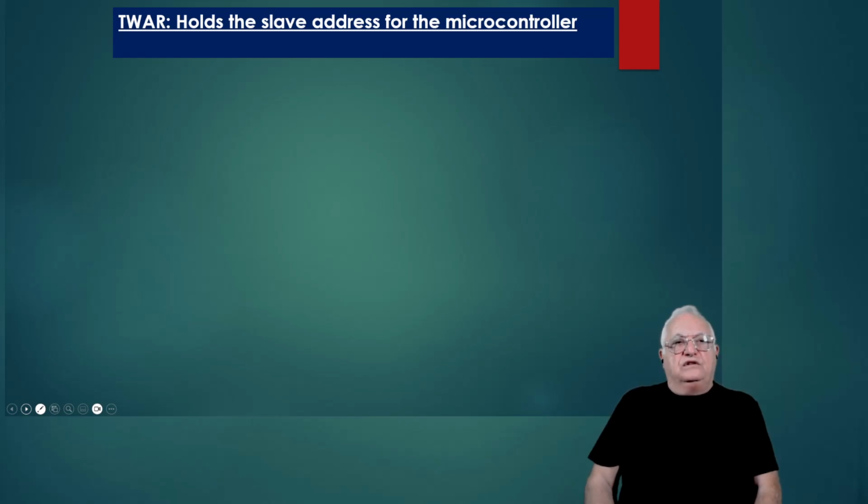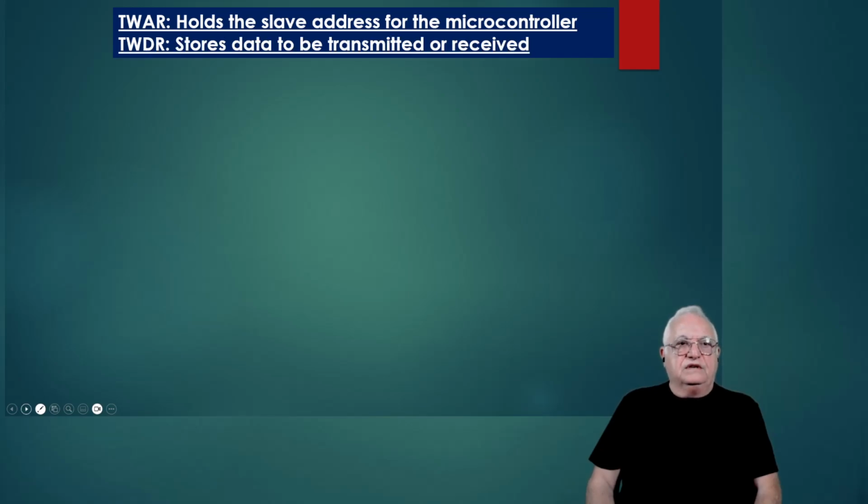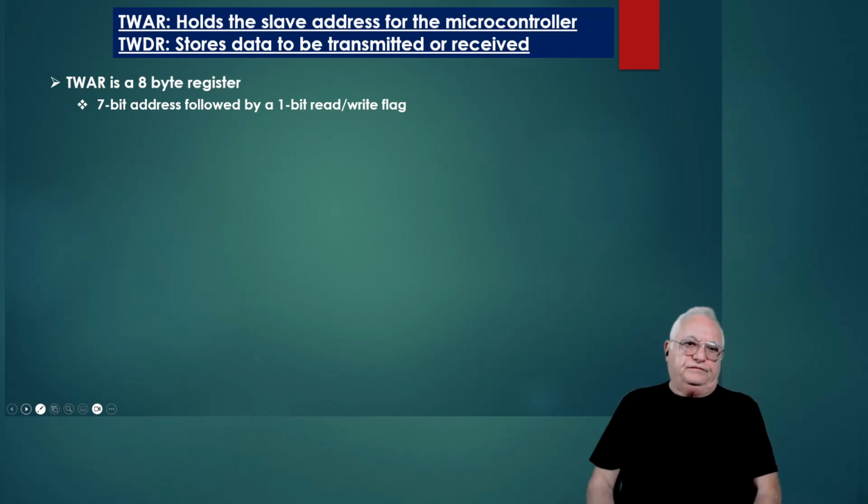So next, let's look at the TWAR, which holds the slave address, and the TWDR, which stores the data to be transmitted or the data we received. Now the TWAR is an 8-bit register. The first 7 bits hold the address, and the last bit is going to be a 1 or a 0.